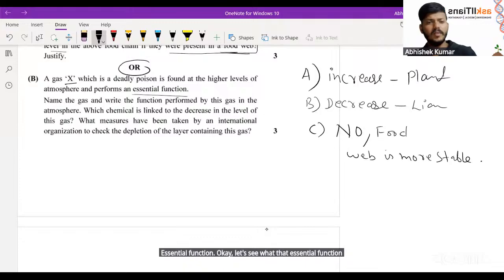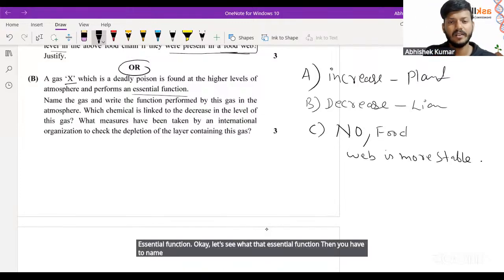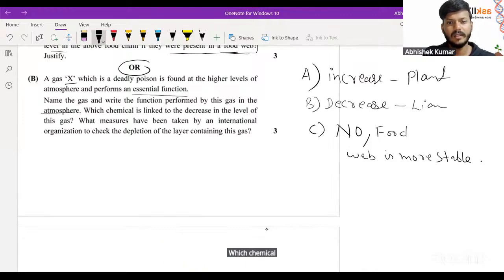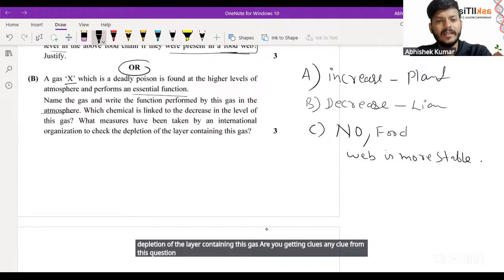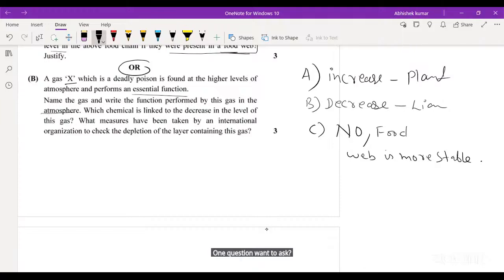Then you have to name the gas and write the function performed by this gas in the atmosphere, which chemical is linked to the decrease in the level of this gas, and what measures have been taken by the international organization to check the depletion of the layer containing this gas. Are you getting clues? Any clue from this question? So ozone, the gas. Carbon monoxide.